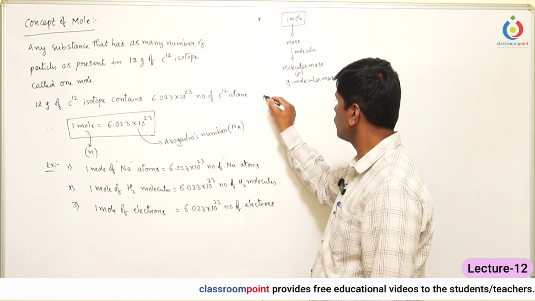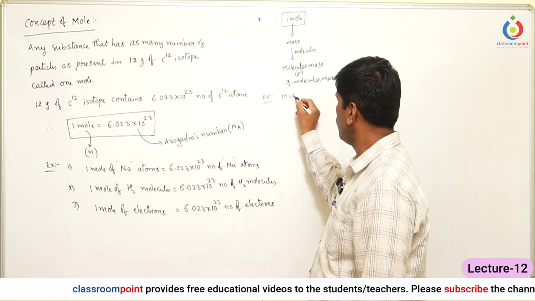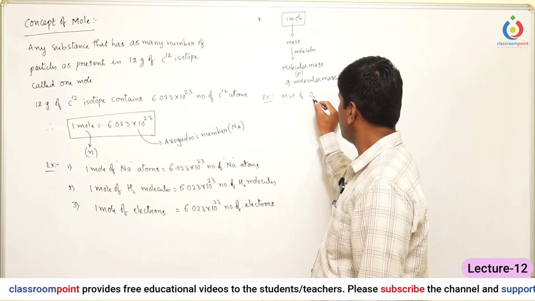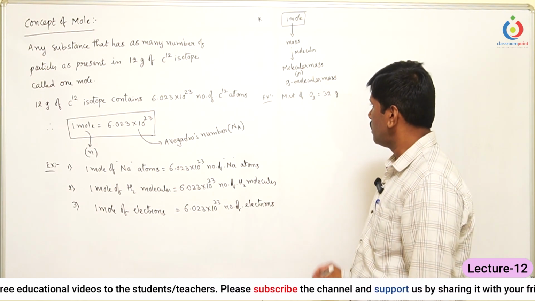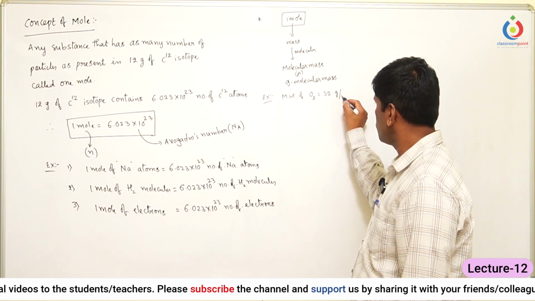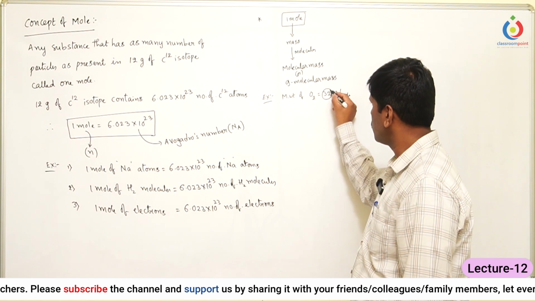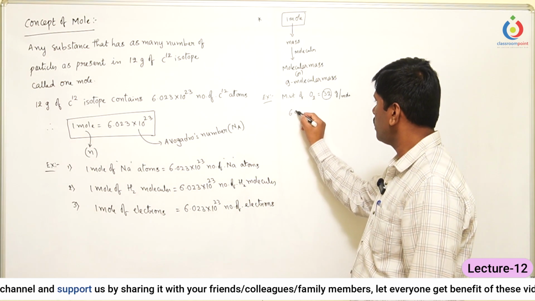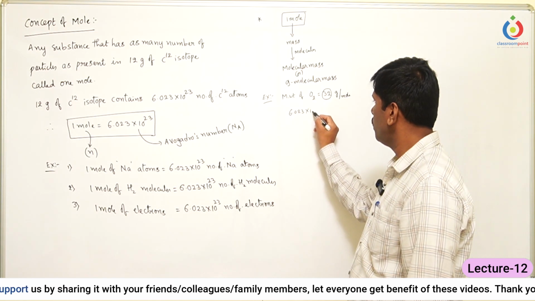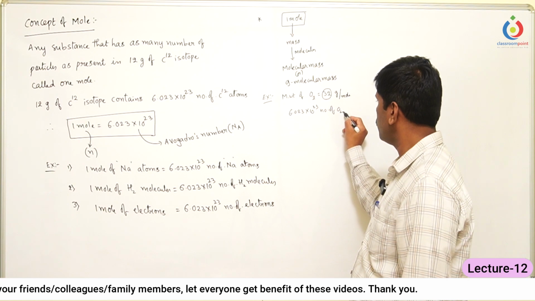For example, the molecular weight or molecular mass of oxygen is equal to 32 grams. This 32 grams means 32 grams per mole always. So 32 grams is the mass of how many oxygen molecules? 6.023 × 10^23 O2 molecules.